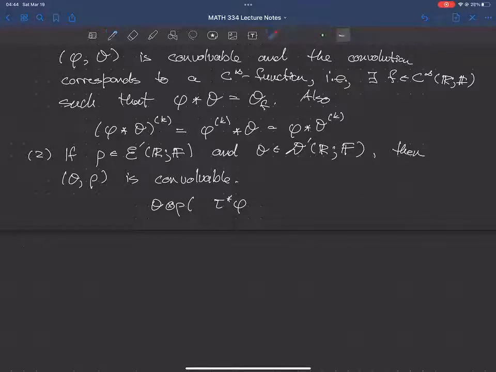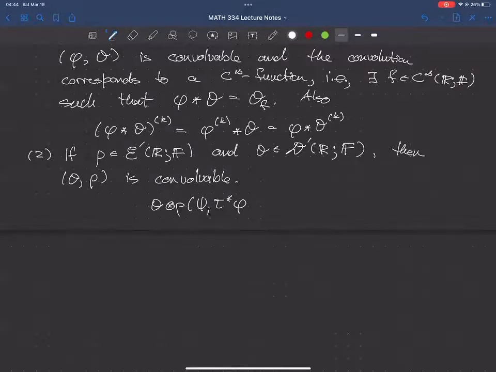So this was a test function in a single variable, and then we defined a test function in two variables, which we called tau star phi, which was phi of t plus s. Okay, and then we multiplied this by some test function in two variables.